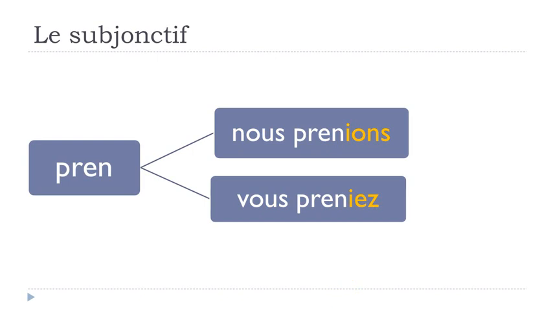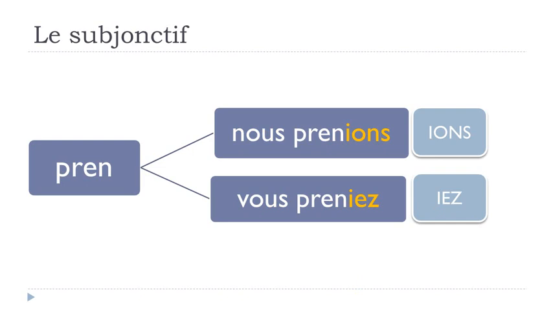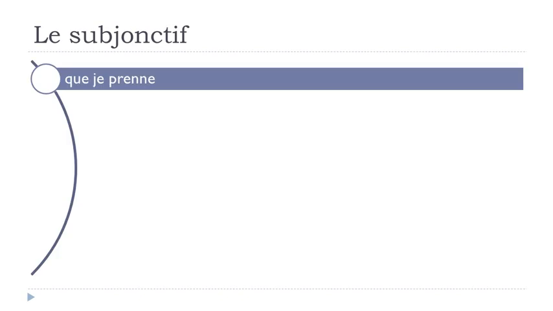All right? So if we think carefully, ending I-O-N-S for nous, I-E-Z for vous. Okay? If you remember, it looks quite familiar because it's the ending as well for the imparfait form that we saw a while ago. Okay, so let's have a look now. The full thing.